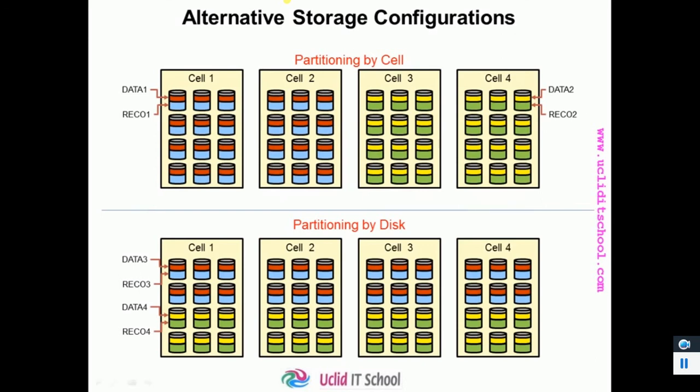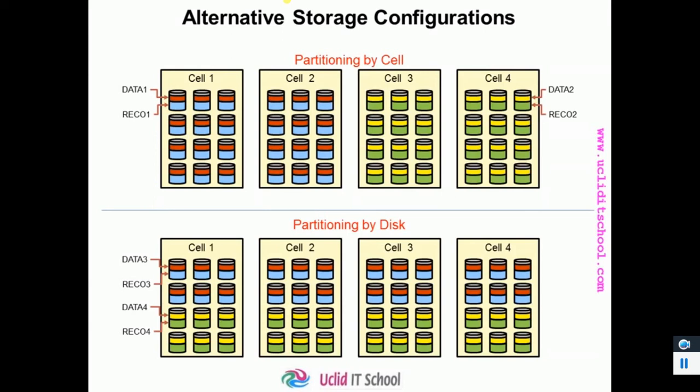Then there are some alternate storage configurations possible. Like the other day, I think Sai raised this question. By default, the default configuration creates grid disks on every storage server, and the grid disks from all the storage servers are used to create the ASM disk group.